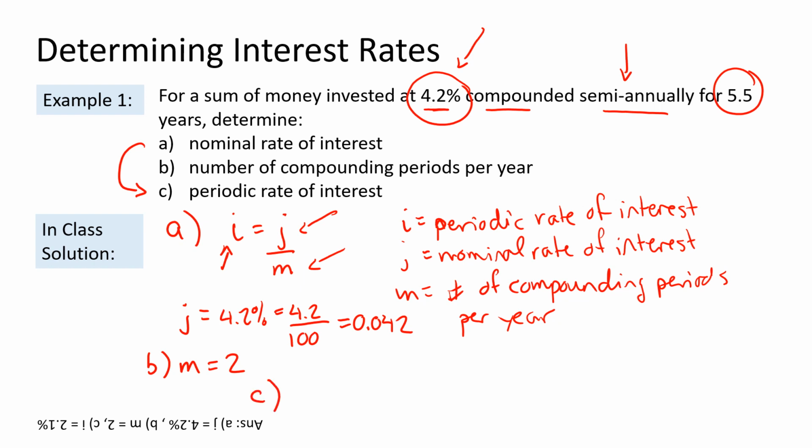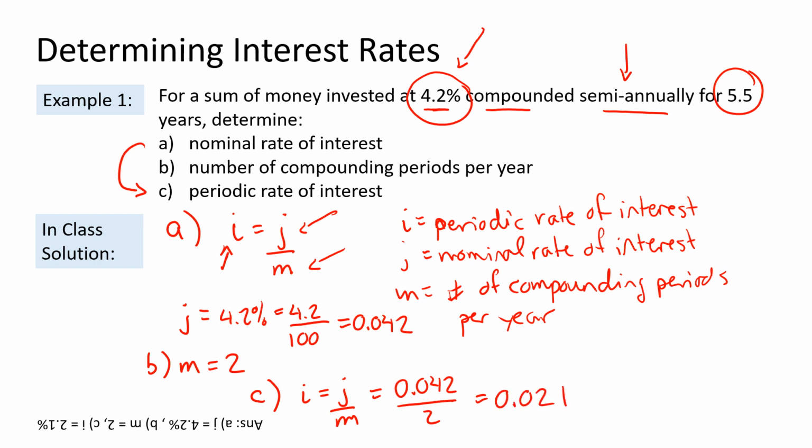For part C, we're looking for our periodic rate of interest, and now that we know both the nominal rate of interest and the number of compounding periods per year, it's just a simple calculation. So our periodic rate of interest, I, is equal to J divided by M, which is 0.042 divided by 2, or 0.021.